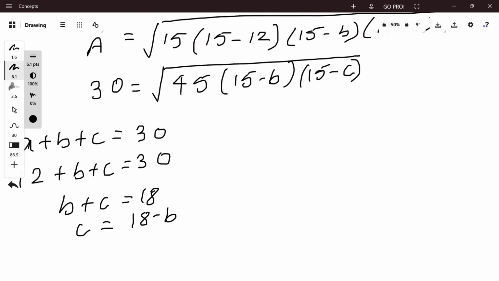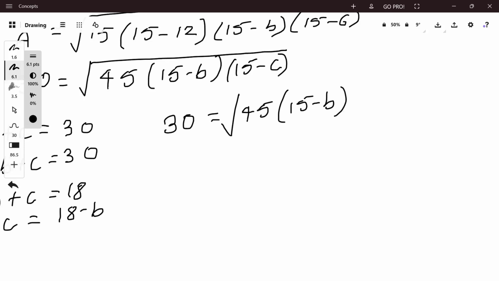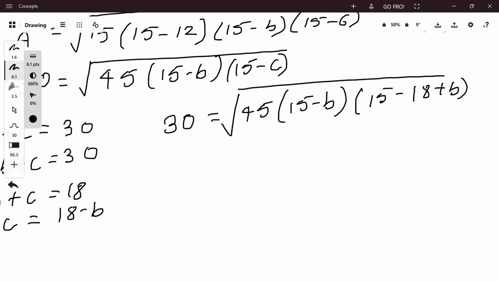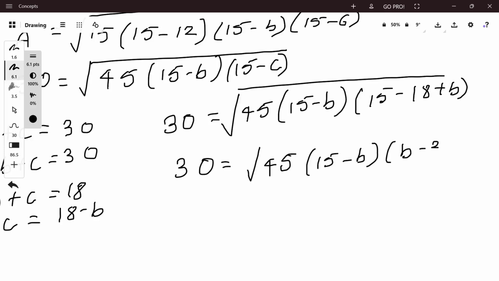Substituting the value of c in this formula, we have 30 is equal to root 45(15 minus b)(15 minus 18 plus b), that is 30 is equal to root 45(15 minus b)(b minus 3).